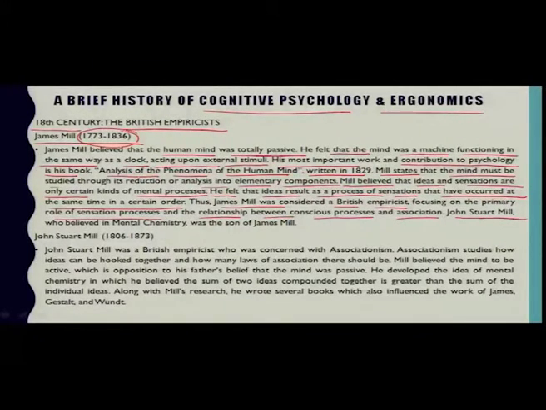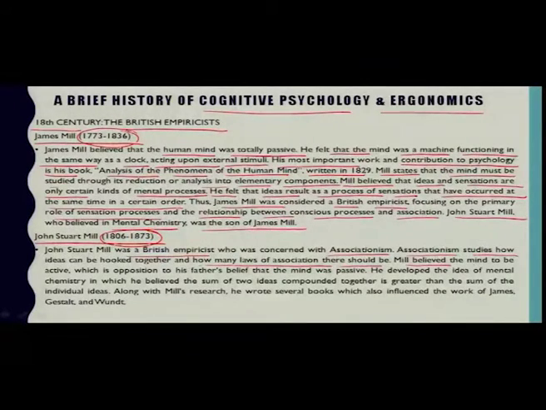John Stuart Mill, who believed in mental chemistry, was the son of James Mill. Now I am going to tell the story of John Stuart Mill, whose life tenure was 1806 to 1873. He was a British empiricist who was concerned with associationism. Associationism studies how ideas can be hooked together and how many laws of association there should be.